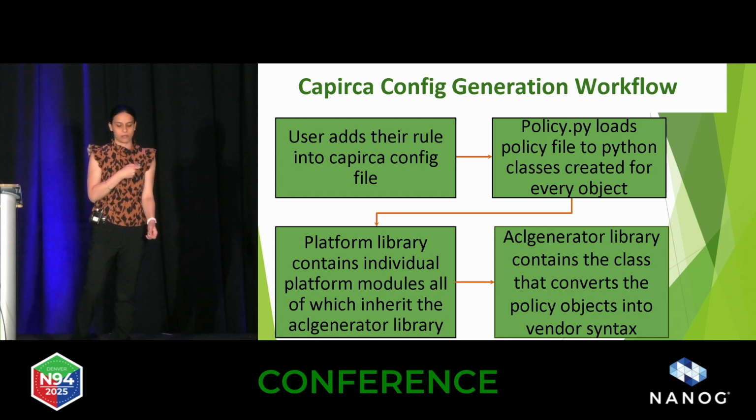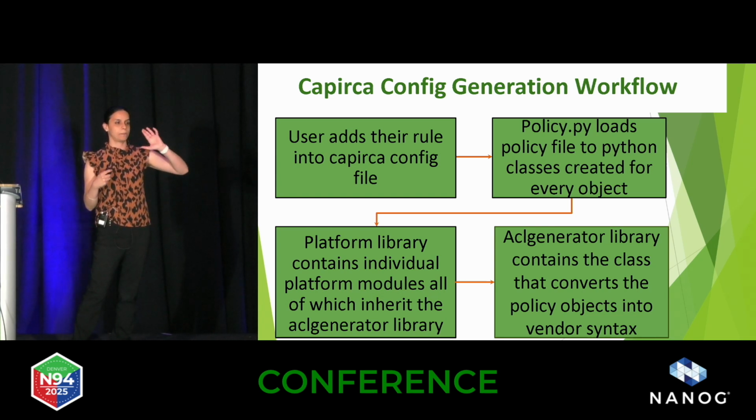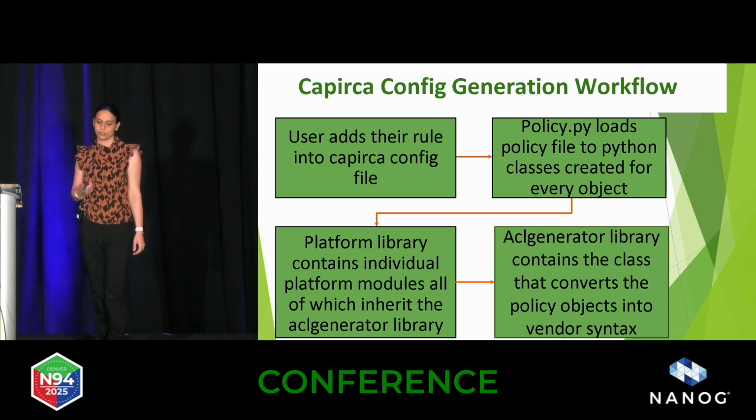The platform library contains the individual platform modules. We have a platform module for each of the vendors. So Arista has a module, and each of these modules then inherits the ACL generator library, which converts these policy objects into the syntax that at the end gets deployed to the devices.